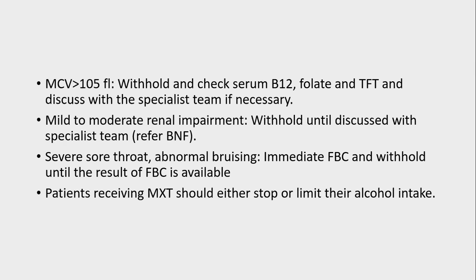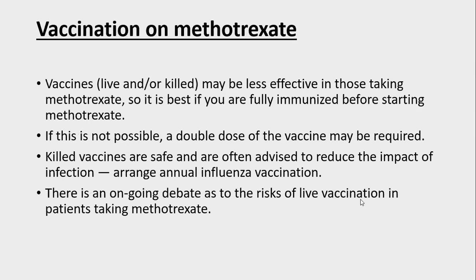Mild to moderate renal impairment, withhold and discuss it with a nephrologist. Severe sore throat or abnormal bruising, get an immediate full blood count and withhold until the full blood count is available. Check the platelet levels. Patients receiving methotrexate should either stop or limit alcohol intake, as mentioned before.